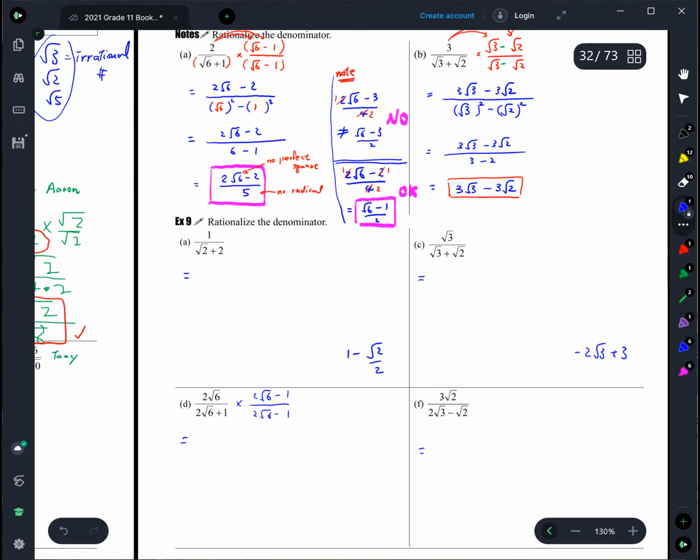So I multiplied the 2 square root 6 with the 2 square root 6, and then I got 24. And then it would be 24 minus 1 on the numerator, and the denominator would be 2 square root 6 to the power of 2, and then minus 1 to the power of 2.